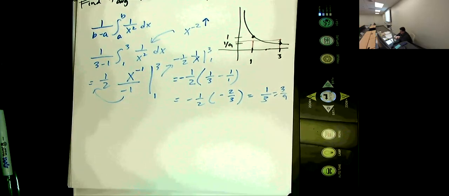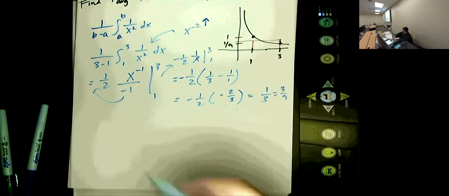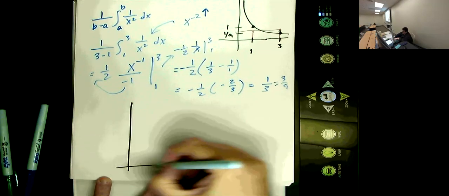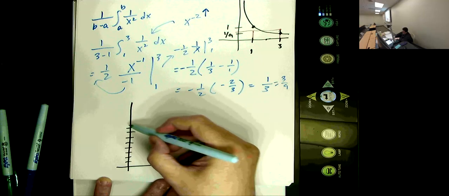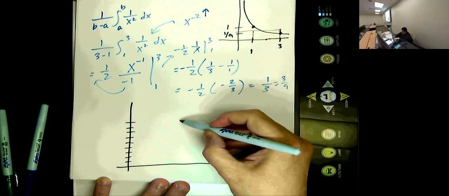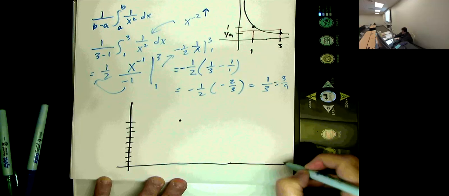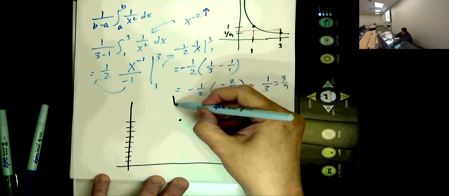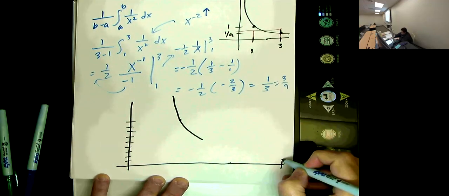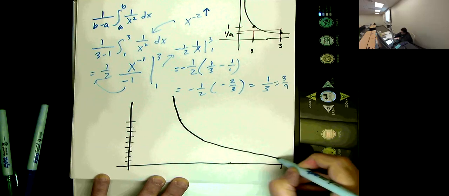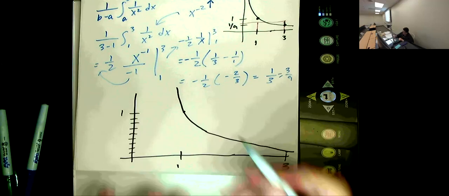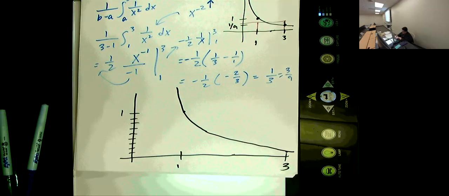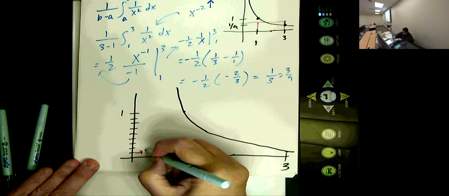So if I were to do that picture a little bit better, that's 1, that's 3, that's 1 right there. That is 1/9 right there.